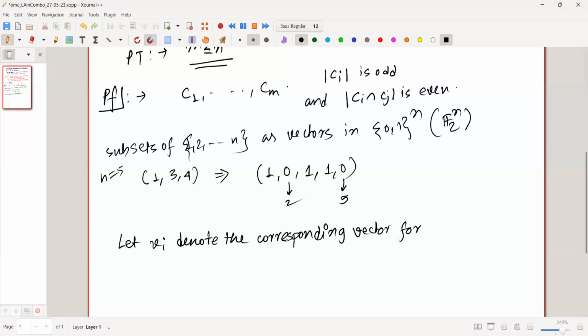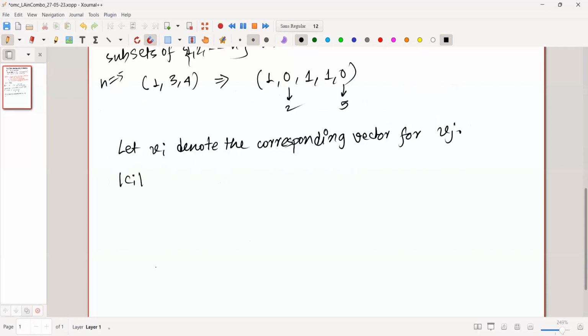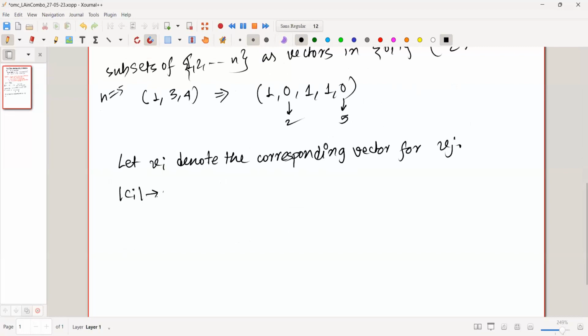We are given that the size of every club is odd, so this translates to saying Vi dotted with itself gives you a 1.